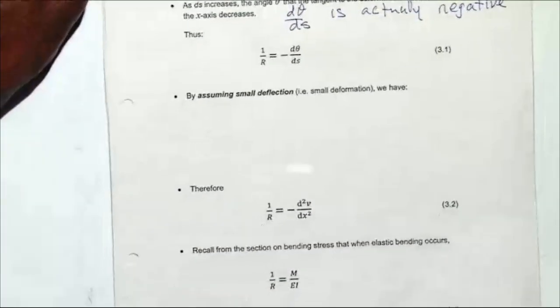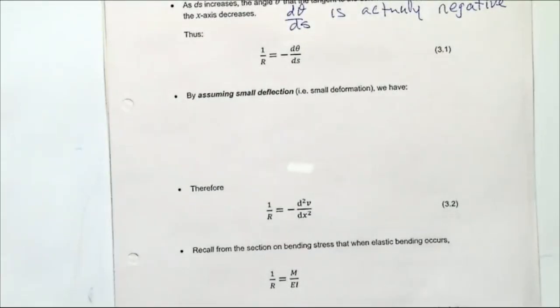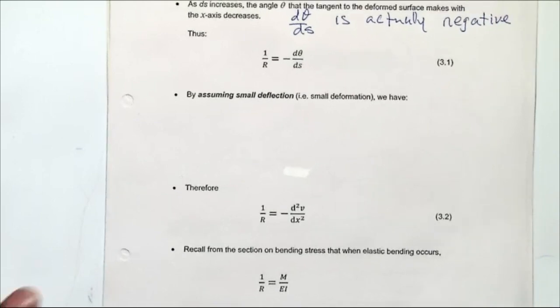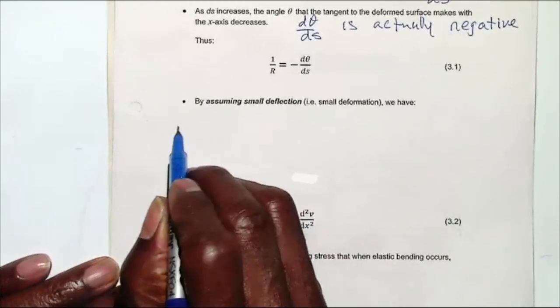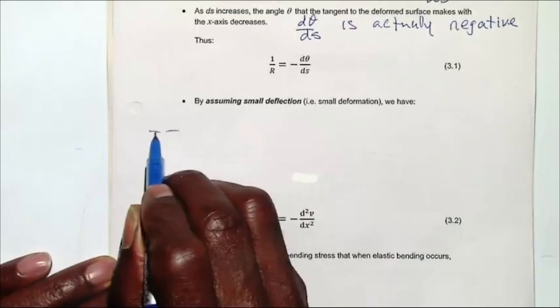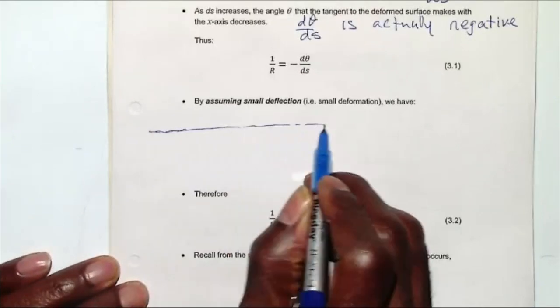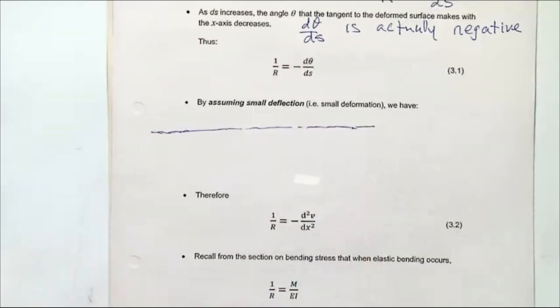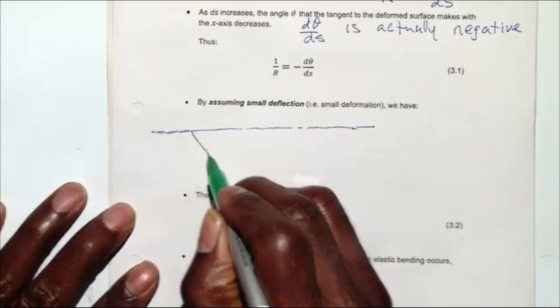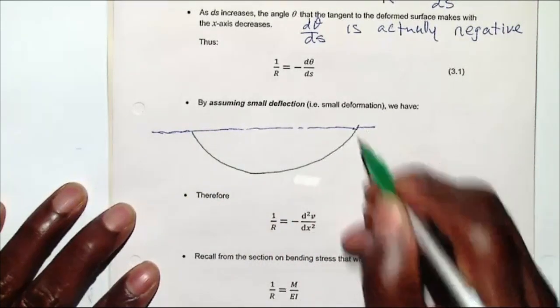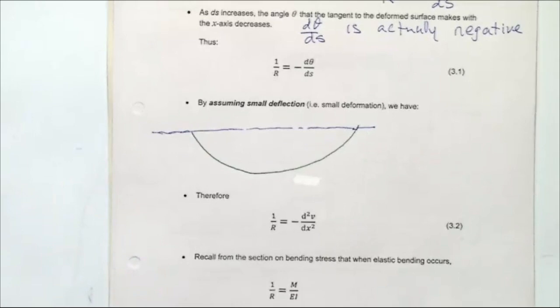So if I redraw that, slightly bigger, I'm going to draw the initial direction like that, and then the curve. Hopefully I'll get this right. So that's the form shape.